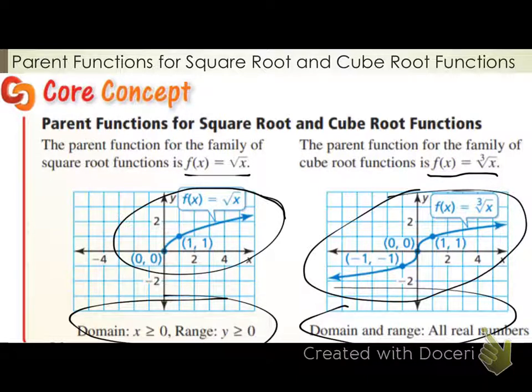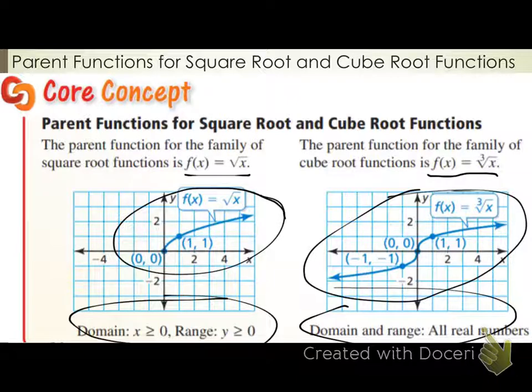Let me ask you a question. If we're just dealing with real numbers, not imaginary numbers, am I able to take the square root of a negative number? No, I'm not able to. I'm not able to take any even root of a negative number. That's why this graph looks the way it does for my square root function.